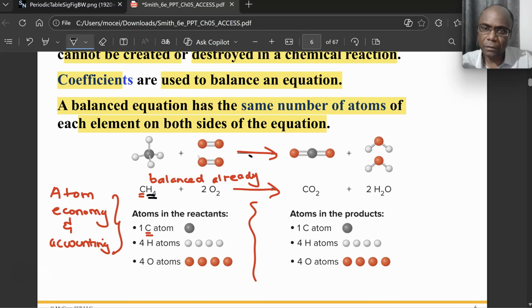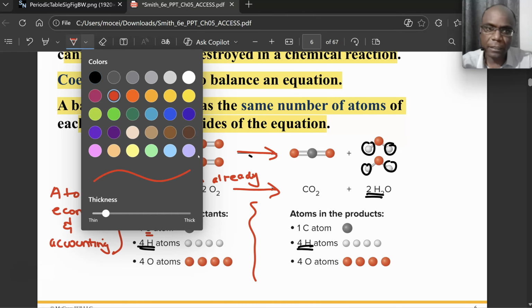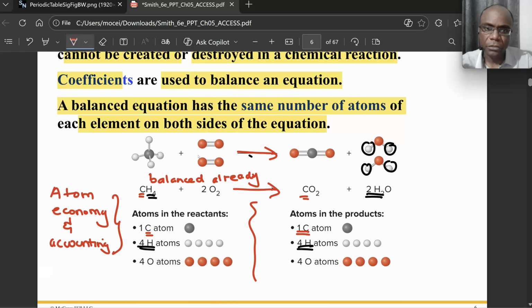Let me use color codes. We have 4 hydrogens. There they are. Let me go to the right. How many hydrogens do we have? 1, 2, 3, 4. 2 times 2. We also have 4 hydrogens, and I can tell that I still have 1 carbon. So those two are balancing so far, just to check if our equation is balanced right now. And then I see that I have 2 times 2 oxygens.